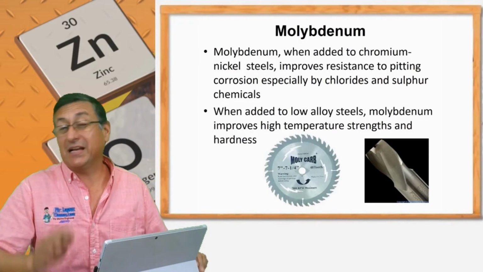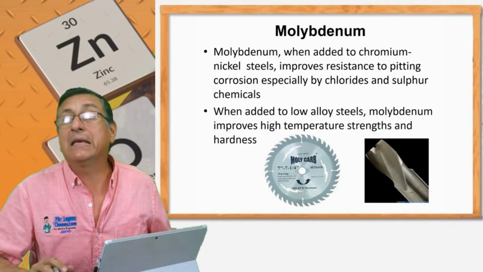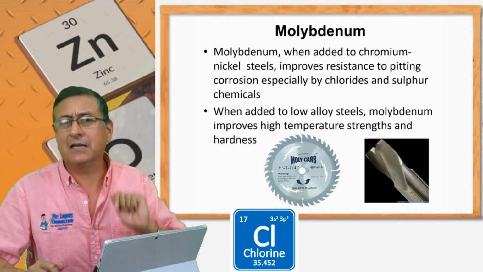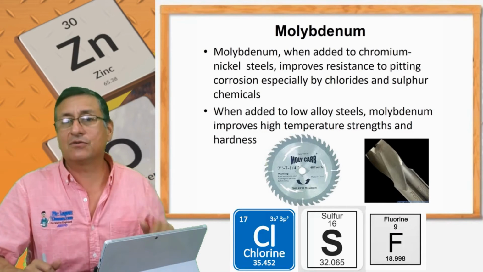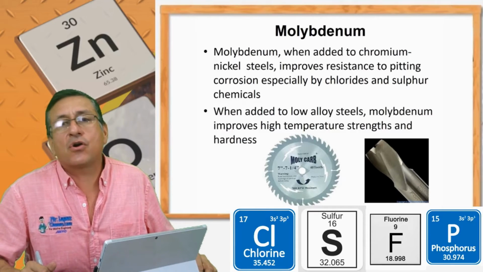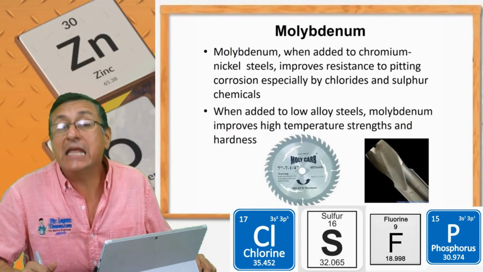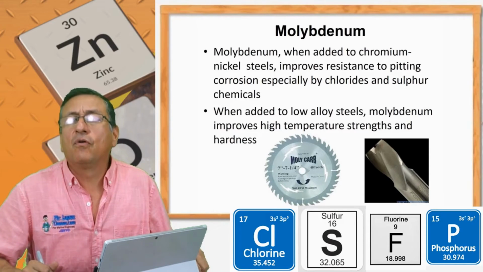Yes, and the sulfur chemical. You remember I said at the beginning of this program, be careful with the concentration of chlorine, the concentration of sulfur, the concentration of fluorine, the concentration of phosphorus. Those are highly corrosive elements. Highly corrosive. Okay, sulfur, phosphorus, chlorine, and fluorine.